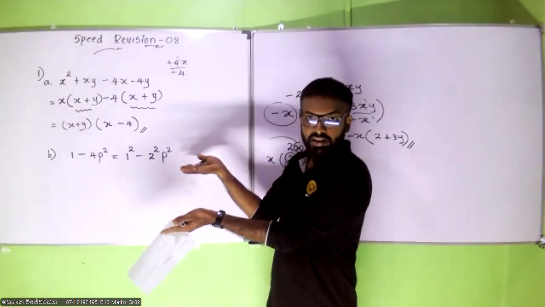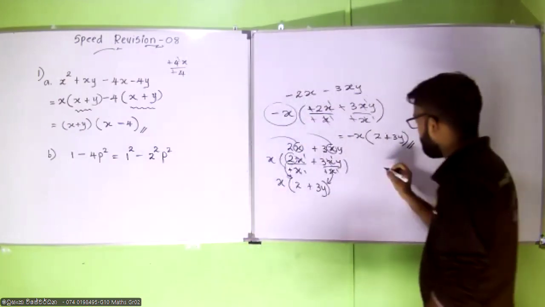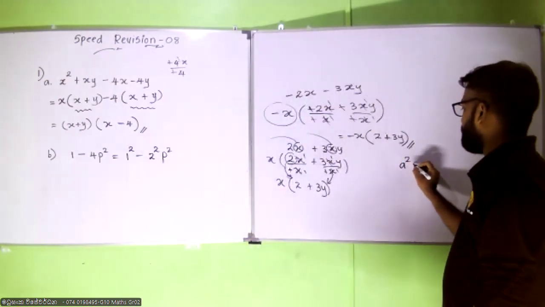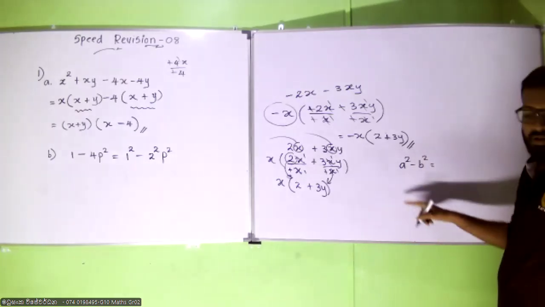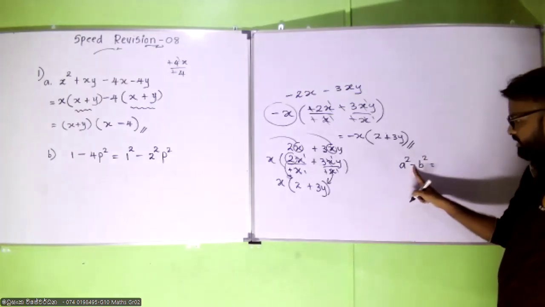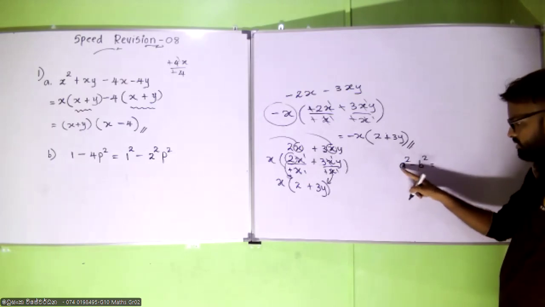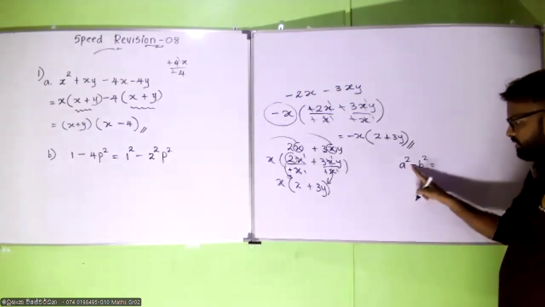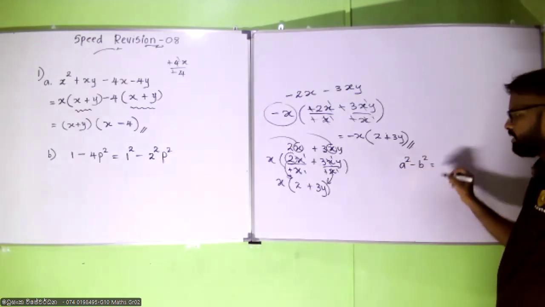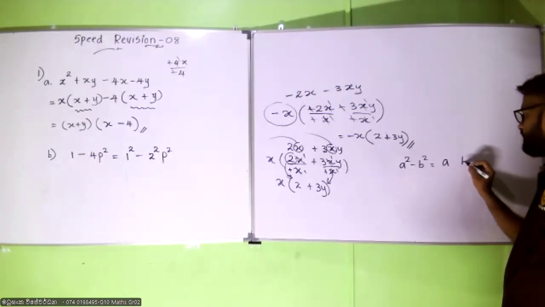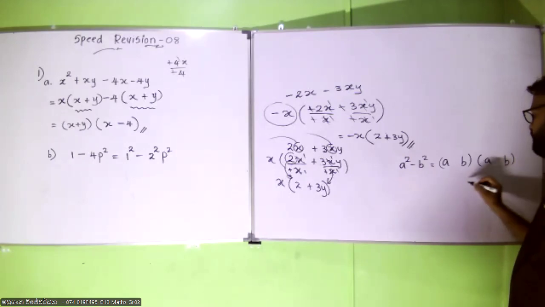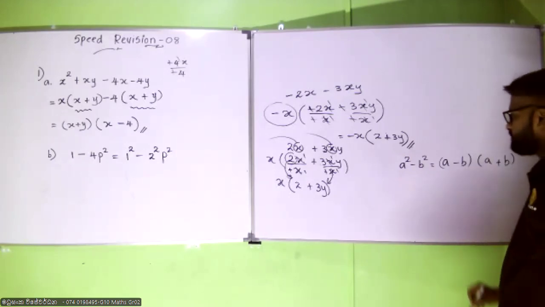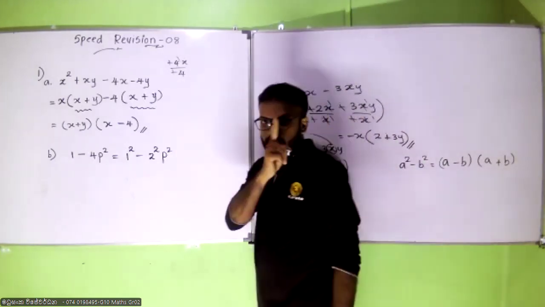See? This is something like a to the power 2 minus b to the power 2. Difference of two squares.